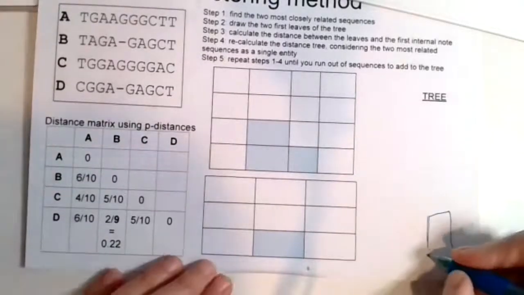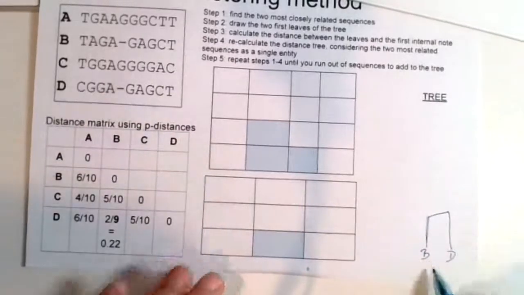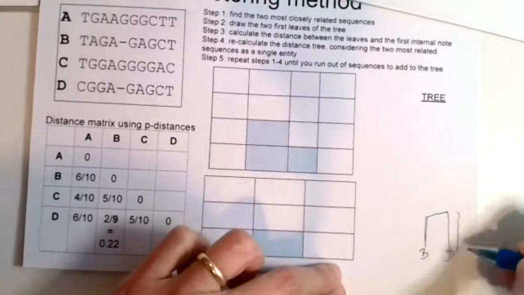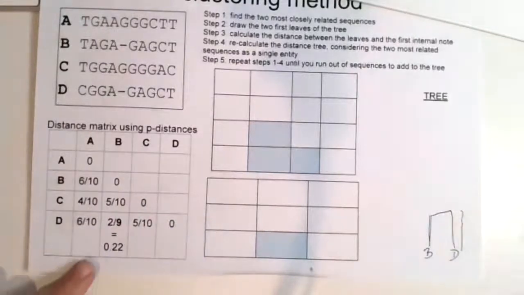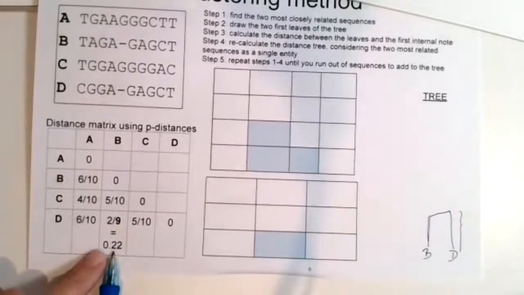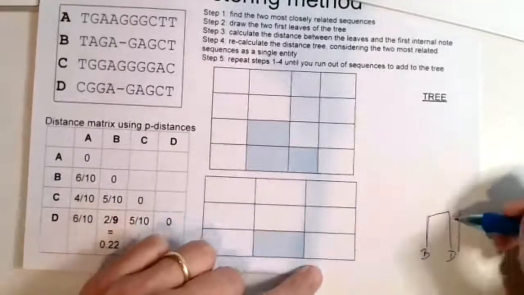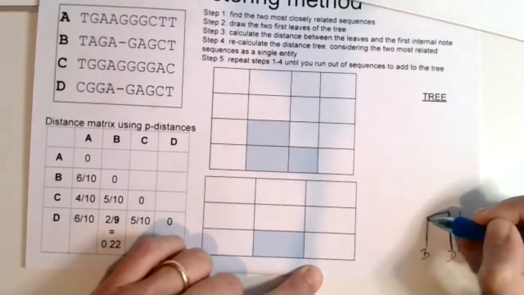My two most closely related are B and D, and I could write D and B, it doesn't matter. The edge or branch length is actually that number there, the 0.22. That's the distance between B and D.